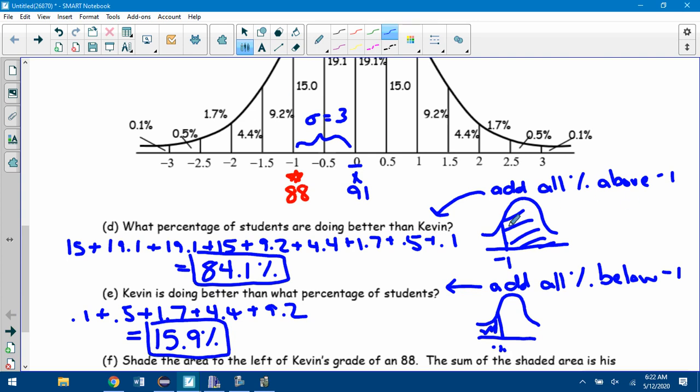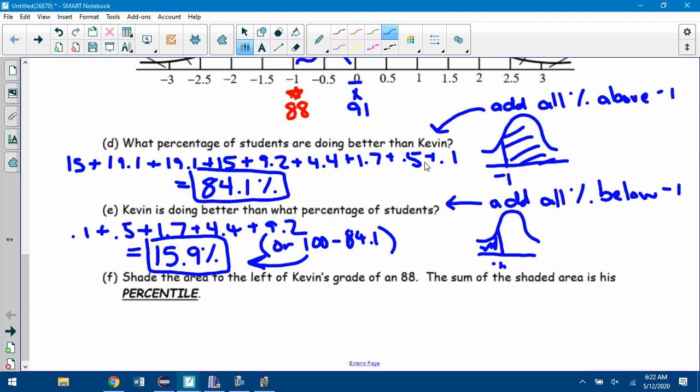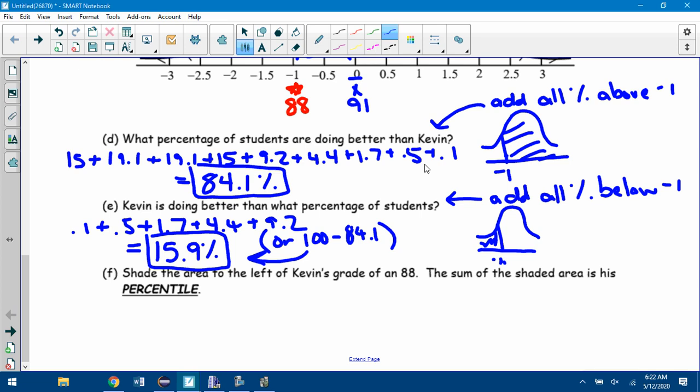Well, if I knew this whole side was 84.1, I could get the leftovers by subtracting from 100%. So if I did 100 minus 84.1, we'll also get 15.9. Kind of like a complement idea from probability.